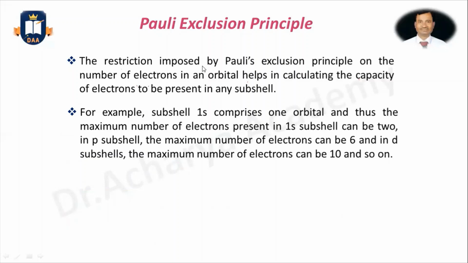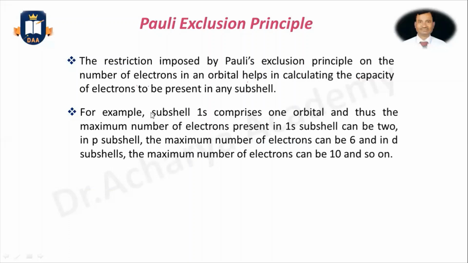This restriction imposed by the Pauli exclusion principle on the number of electrons in an orbital helps in calculating the capacity of electrons in any shell. That means how to fill up the atomic orbitals by electrons systematically. The Pauli exclusion principle is one of the major criteria which helps in calculating the capacity of electrons in different atomic orbitals.